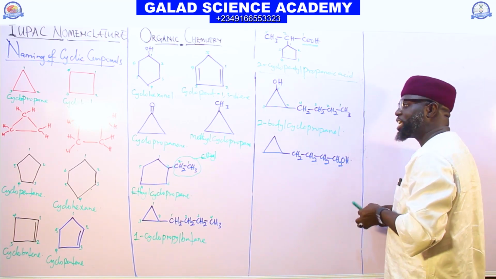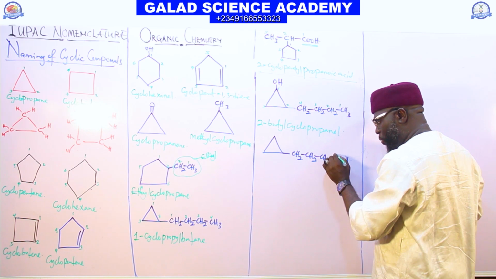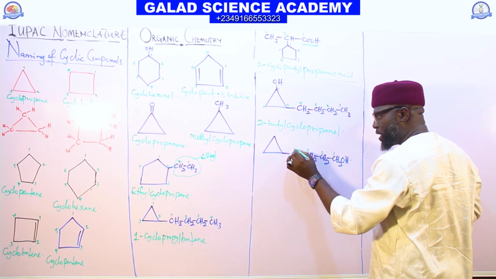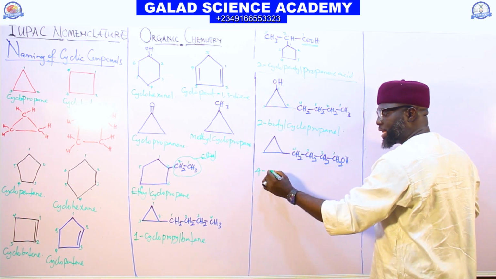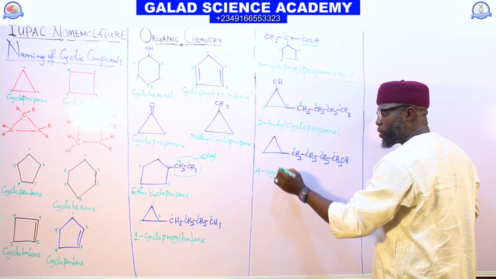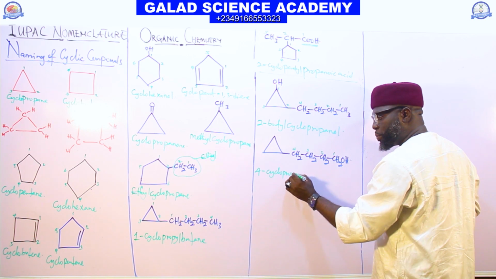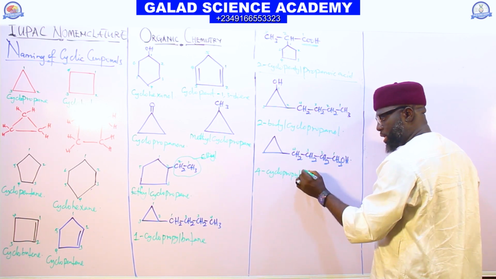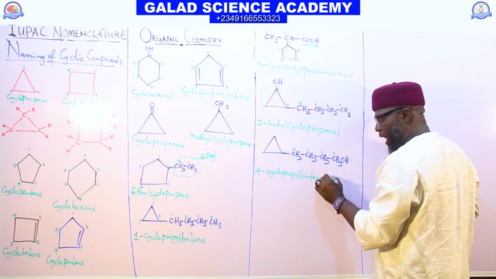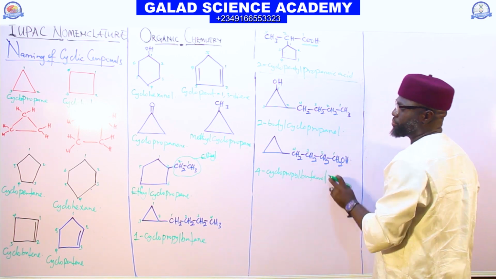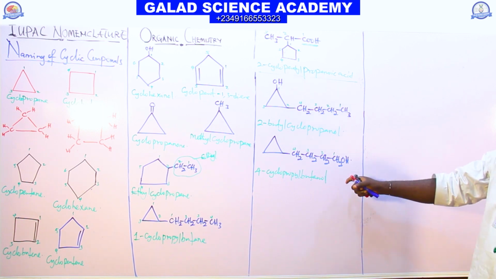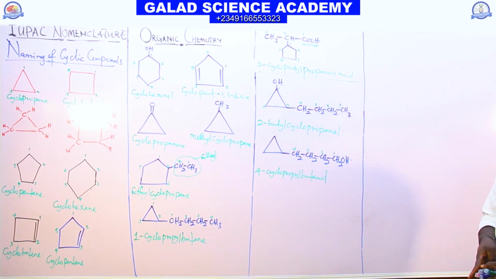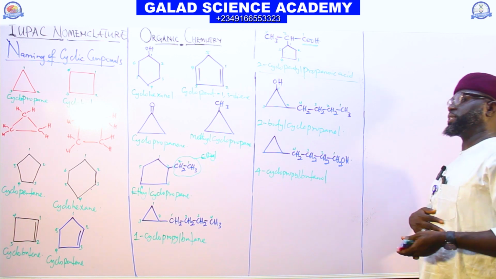The name will now change to what? 1, 2, 3, 4. To the what? 4-cyclopropylbutanol. That is the name for this compound.